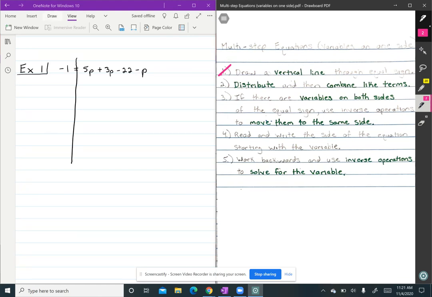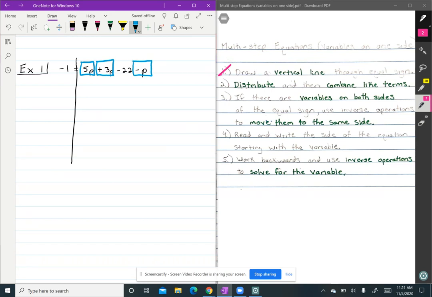And in this case, I do have several like terms, meaning they have the same variable or the terms do not have variables. So 5p, positive 3p, and negative p are all like terms, and I have to keep the sign in front.